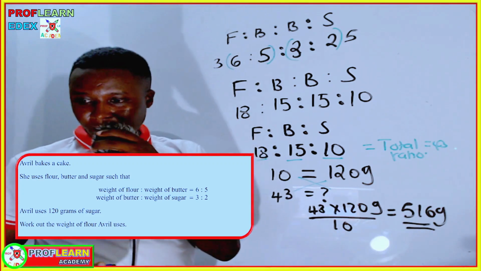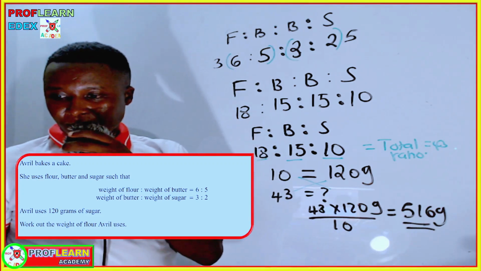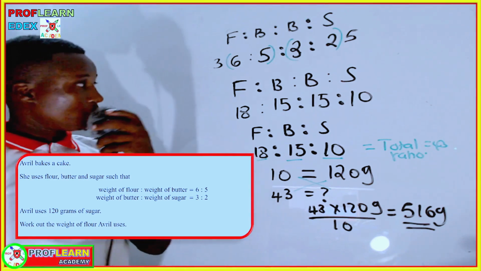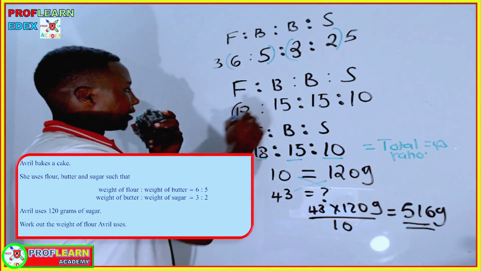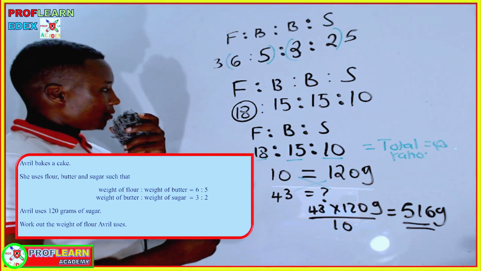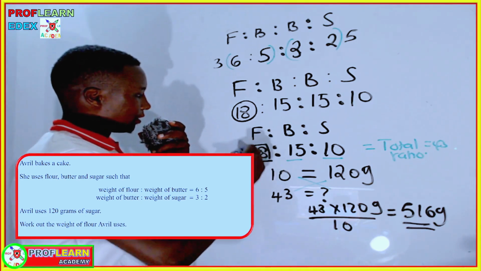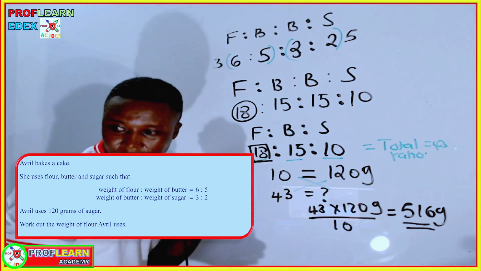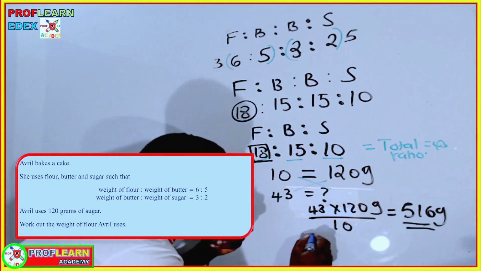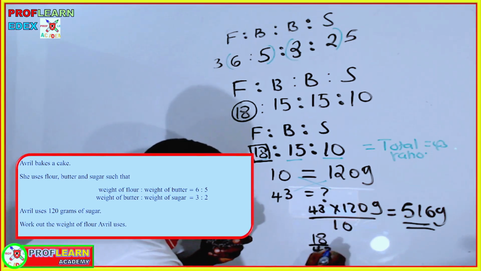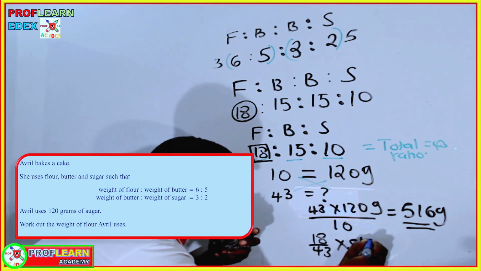But in this question we are asked, work out the weight of flour Alville uses. Flour is actually 18. So in order to work out the mass for flour, it is 18 over 43 times 516.